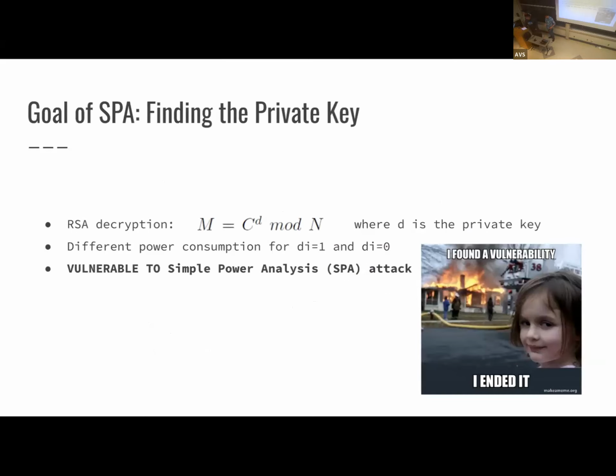Okay. So now I'm going to talk about one concrete example of FPGA to FPGA attack. As we learned in our lecture, in cryptography, a side channel attack exploits weaknesses of the cryptographic system that are not related to the mathematical algorithms.